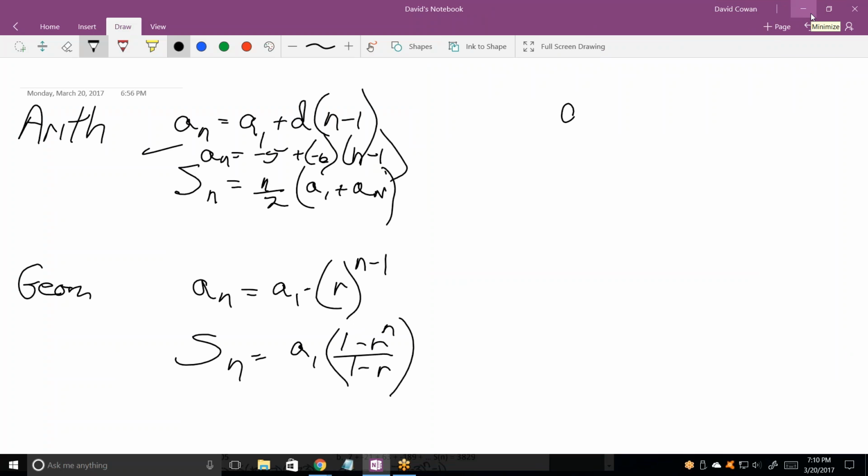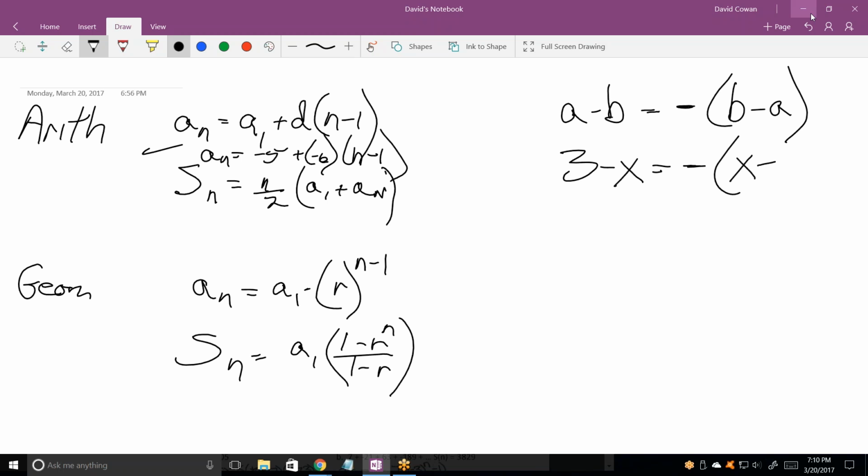First of all, a minus b is always equal to the negative of b minus a. For example, 3 minus x is equal to the negative of x minus 3. So if I have 1 minus r to the nth, that's going to equal the negative of r to the nth minus 1.